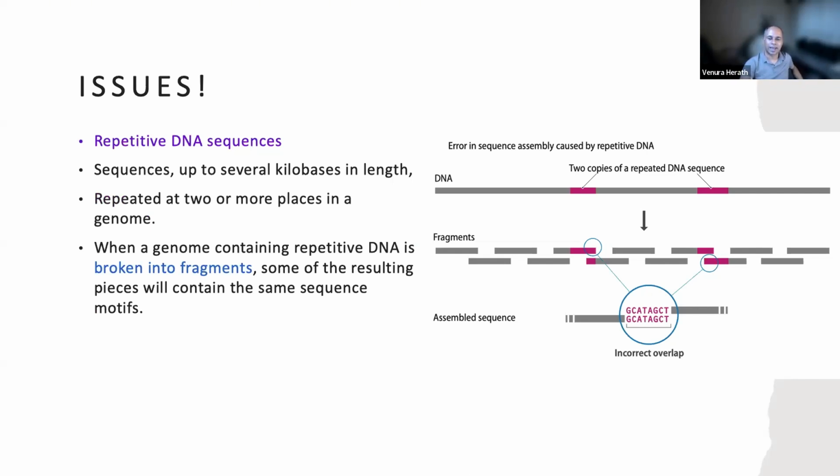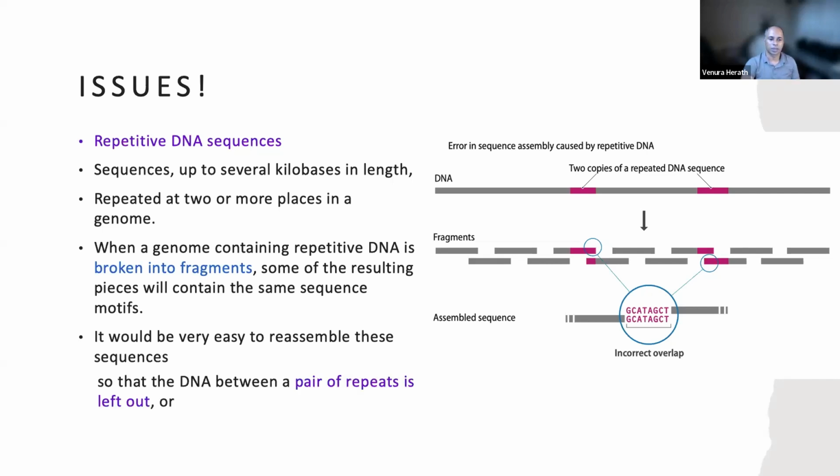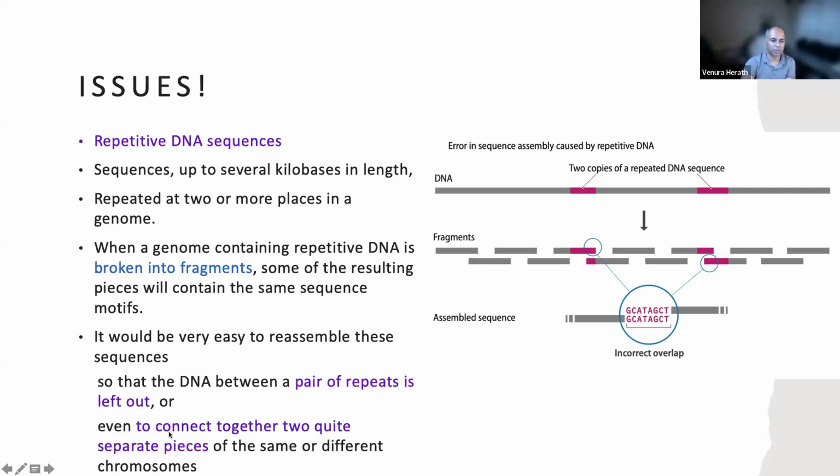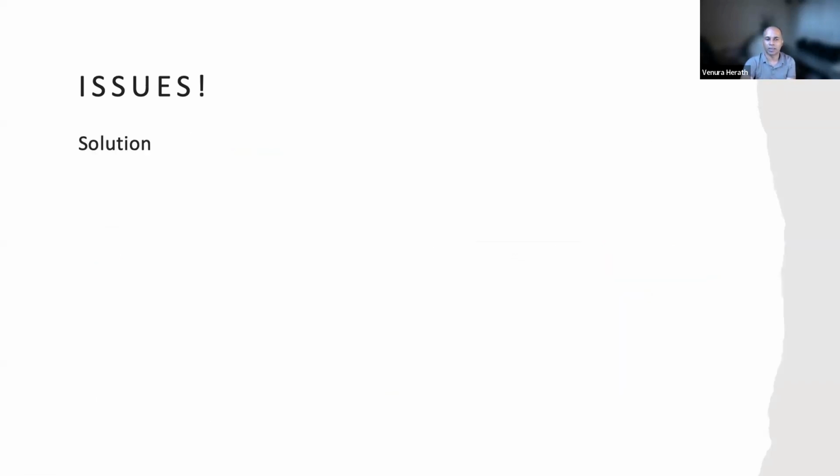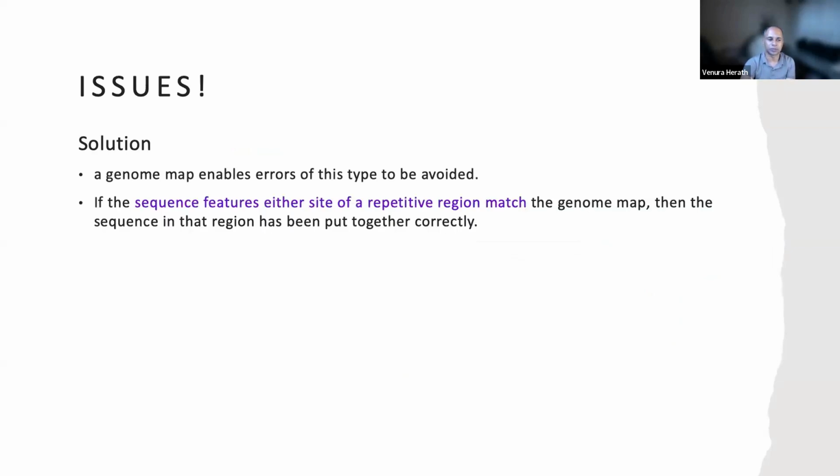Okay, and if you have the genome map, again this can be overcome. Even if you connect these two, you're basically putting them in different places. So the solution, as I mentioned earlier, is that you can use the genome map as a blueprint to avoid this issue.